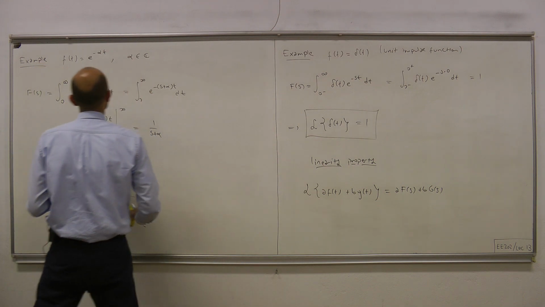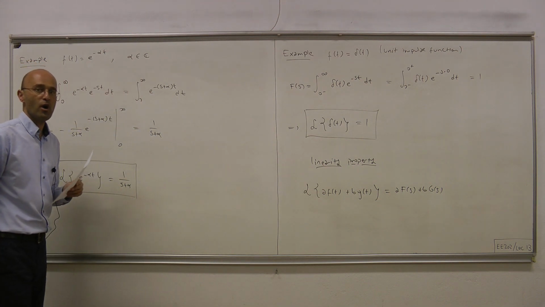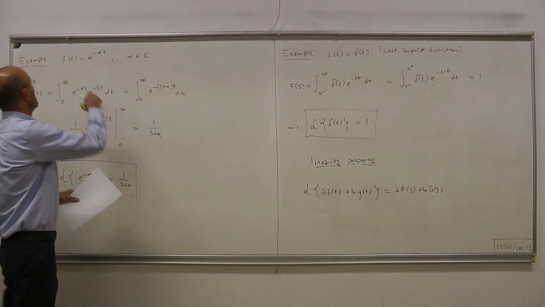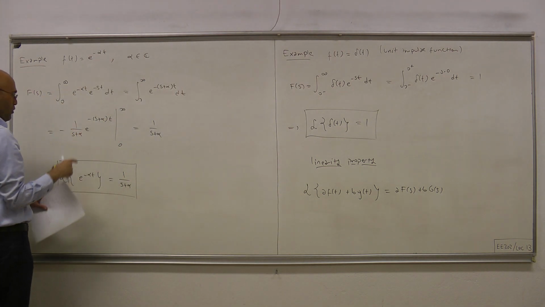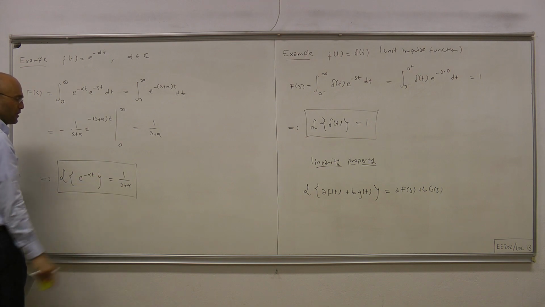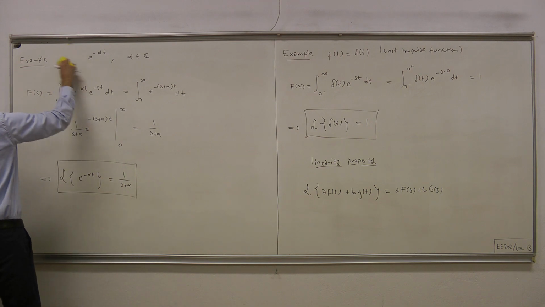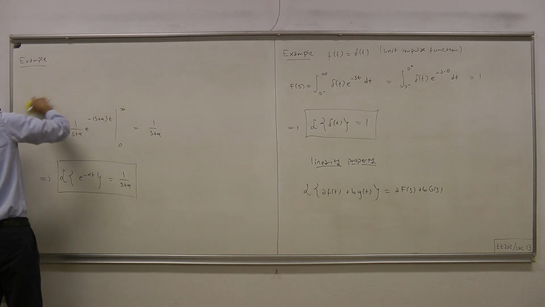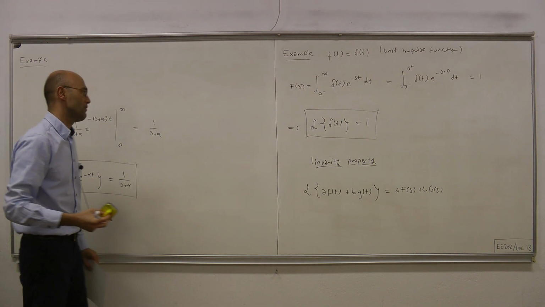Now, let's apply that property, which directly follows from the definition, to the transform that we obtained, e to the minus alpha t equals 1 over s plus alpha, to figure out the Laplace transform of a sinusoidal function.